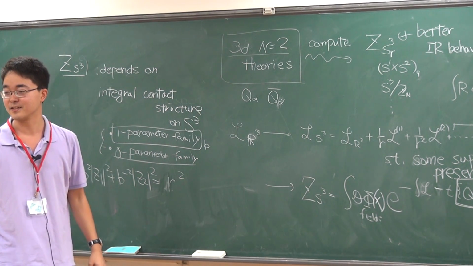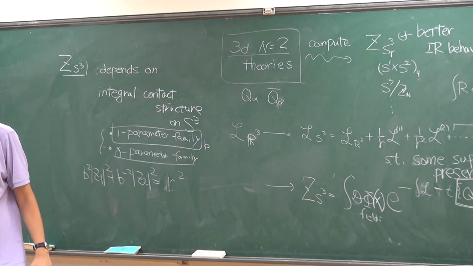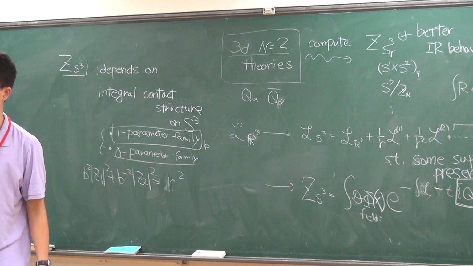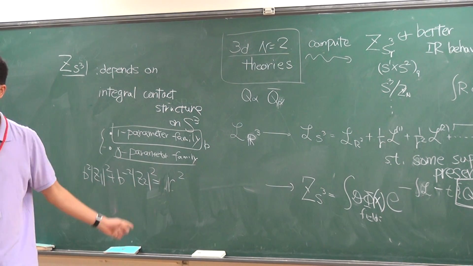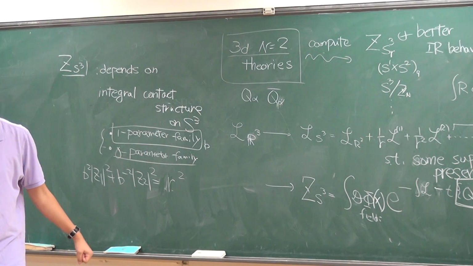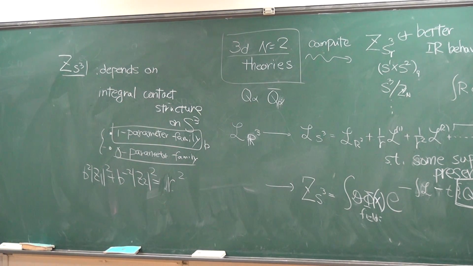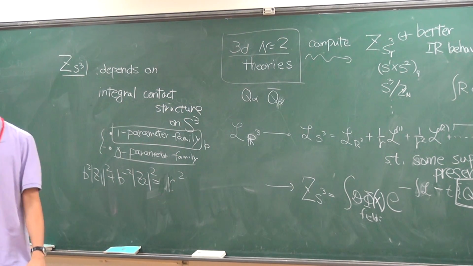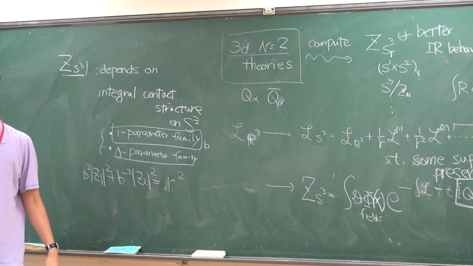Yeah, some theory data, like Chern-Simons levels, or mass parameters and things like that. So strictly speaking, it's not a number, but a function. In the conformal limit, all the mass parameters are set to zero. So for the conformal theory, you do need some parameter to make sense of what you're doing.